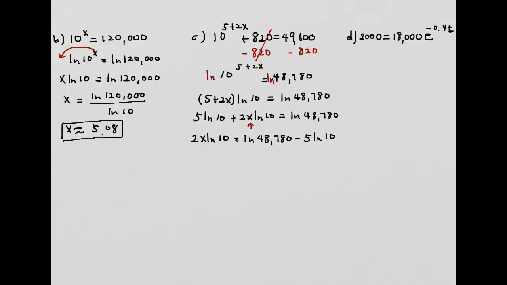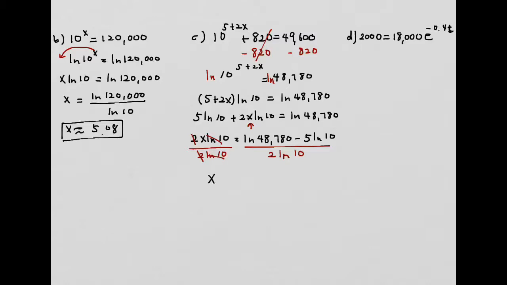And then you can isolate x by dividing by 2 times ln 10. So this 2 and 2 cancel out, ln 10 and ln 10 cancel out. You need to do the same thing on the other side, divide by 2 times ln 10.